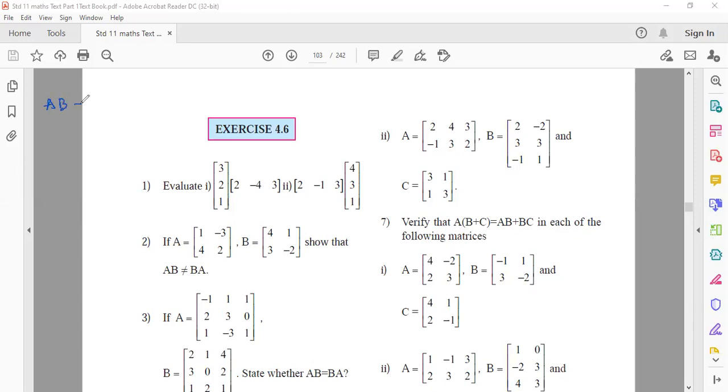Calculate A into B. Two by two multiplied with 2 by 2, your answer is going to be a 2 by 2 matrix.